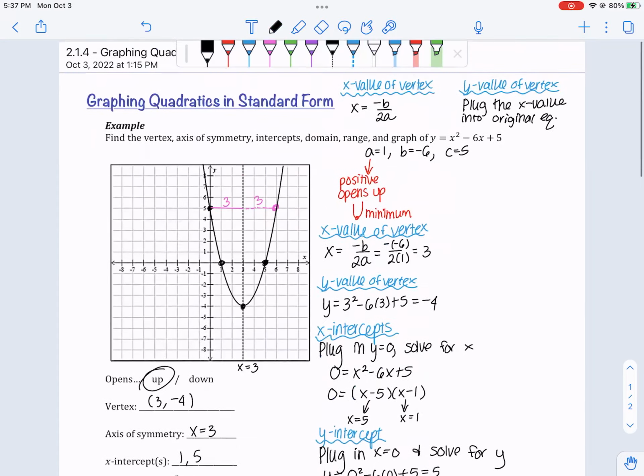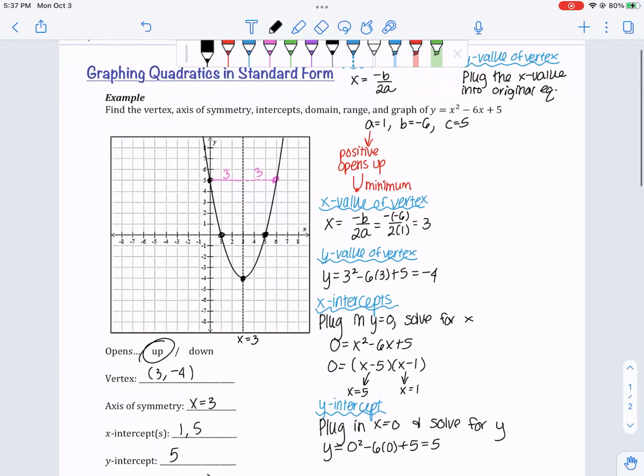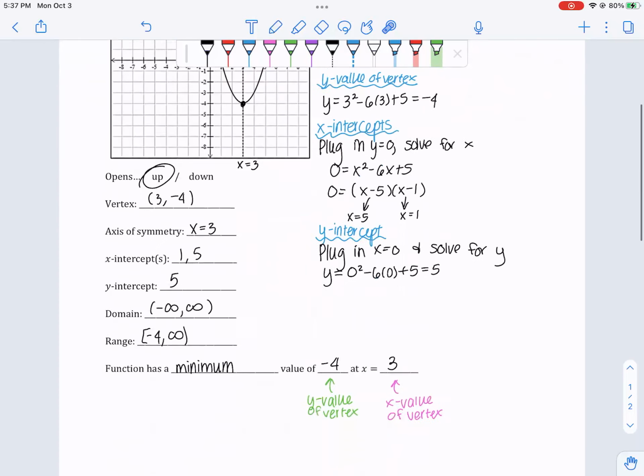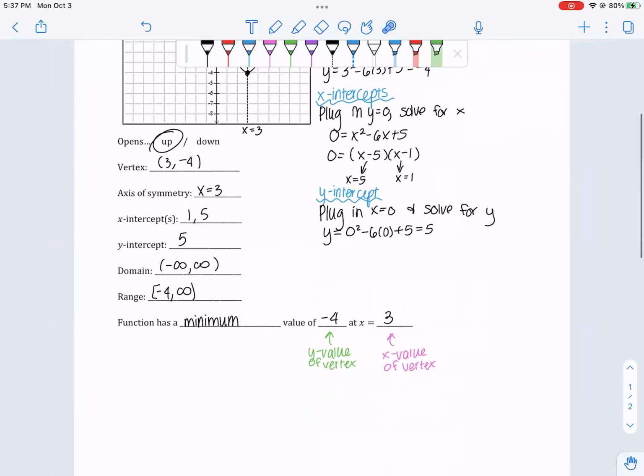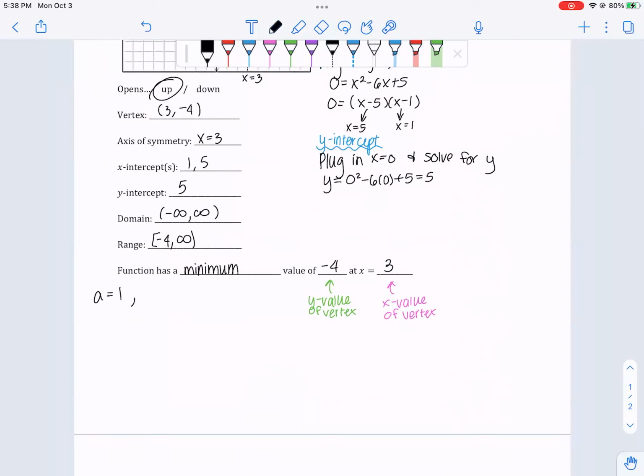Now, I did want to also say that you could use all of this information to take something from standard form and put it into vertex form. So if I know that the A value is, what was it, 1, I know that the vertex is at 3, -4, so h is 3, k is -4.